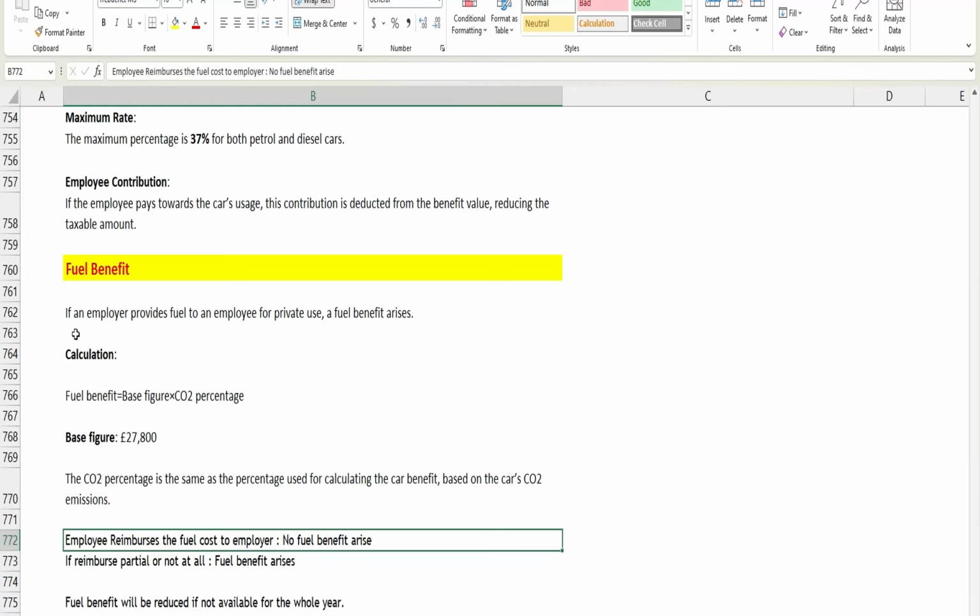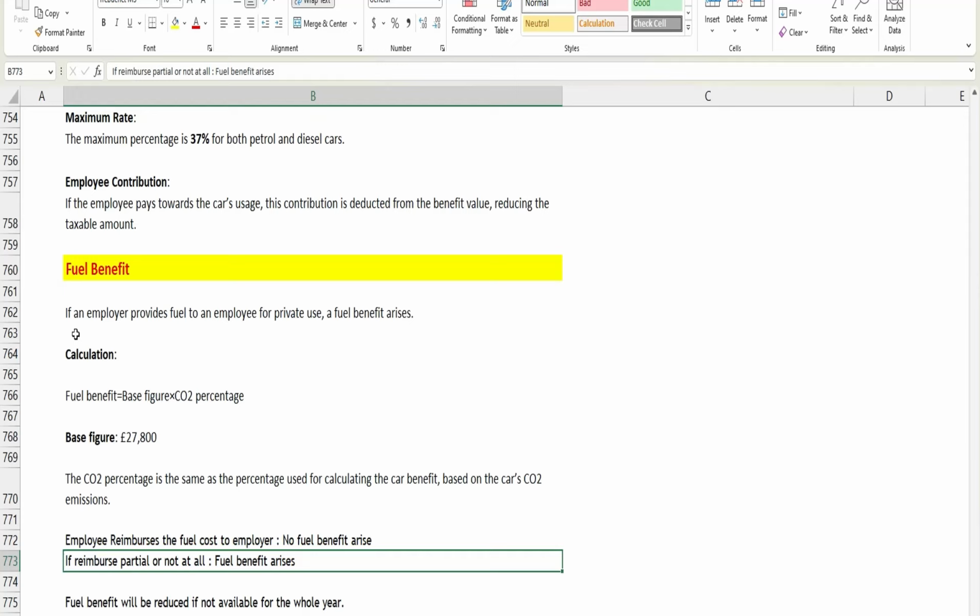But if the employee is reimbursing the fuel cost only partially, or not at all, in that case it will be taxable, and the full fuel benefit will arise. So what you need to remember is, if the employee reimburses the full fuel cost to the employer, then no fuel benefit will arise. However, the full fuel benefit will arise if the employee reimburses the fuel cost only partially or not at all.